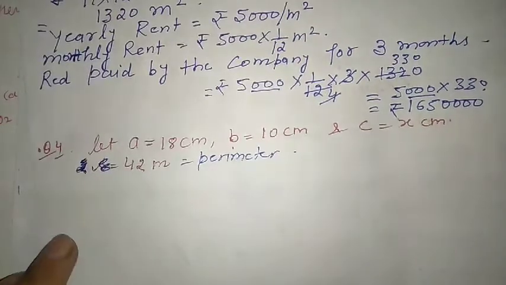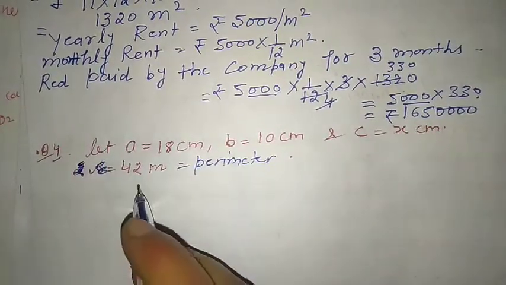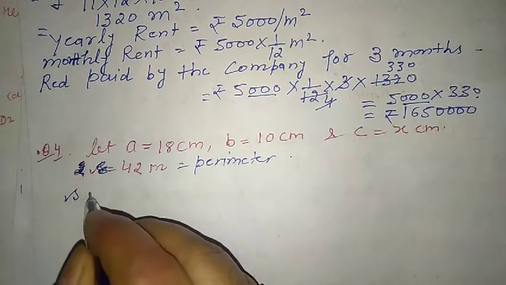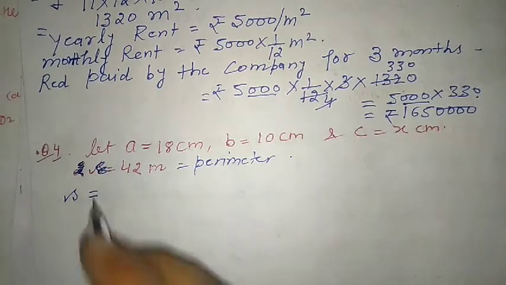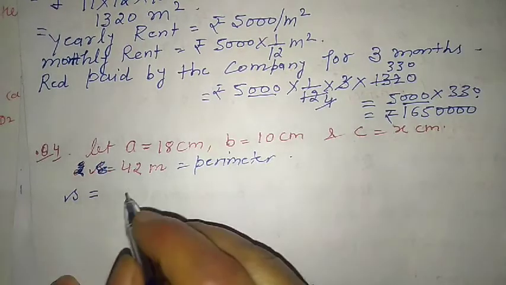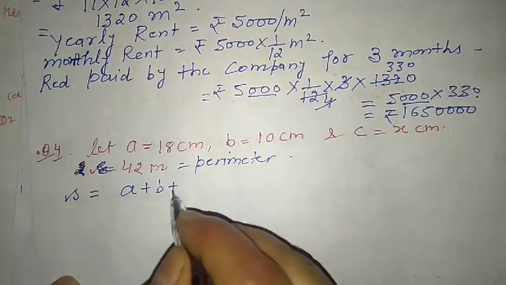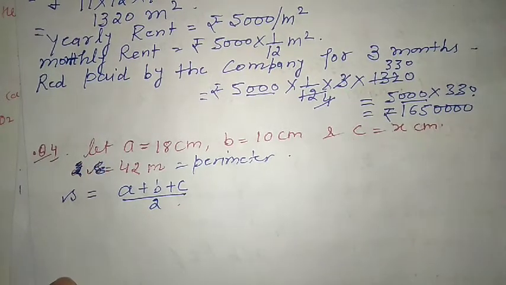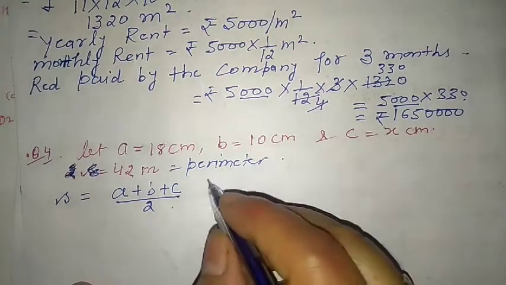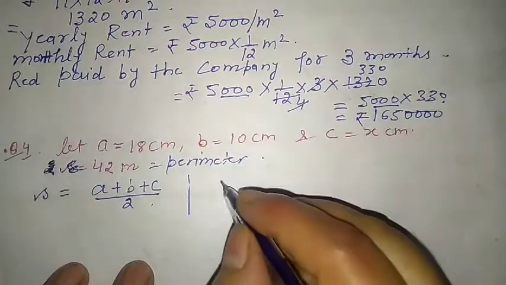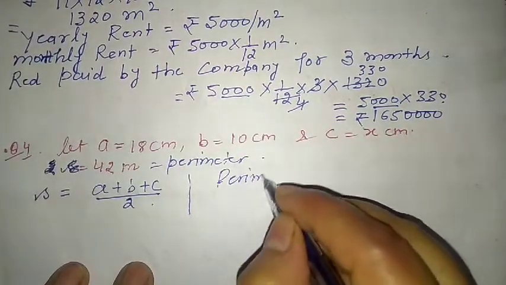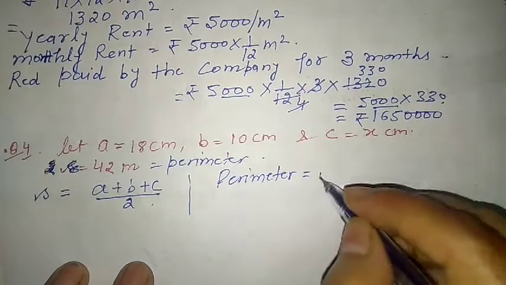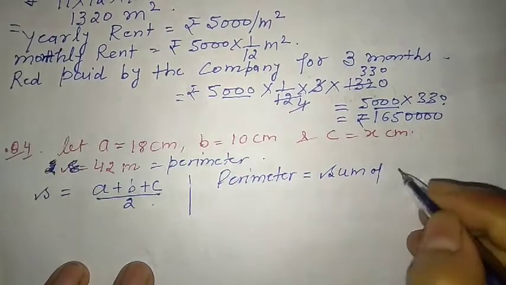Now we will find here the S. S is equal to A plus B plus C divided by 2. You can do it directly, but if it is not coming, then first of all we will find the perimeter, which is equal to the sum of all sides.